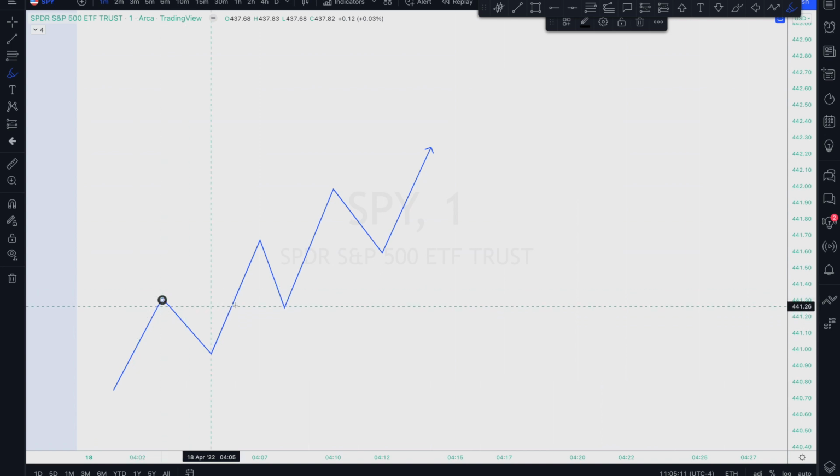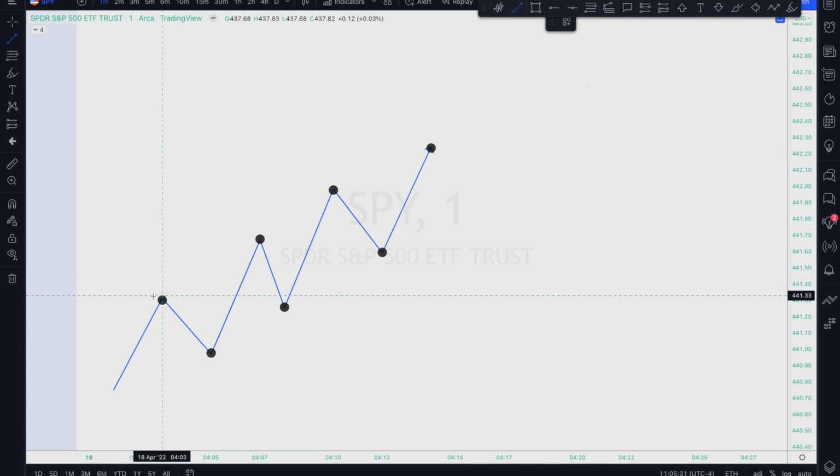And then when we get a break of that highest point here, this becomes our low point. And we're always going to look at the leg that created the high break, right? The leg that created the high break. So once we get this break up here, the low point that created that, we get this break and low point. And we know with this right here, we have an uptrending market.